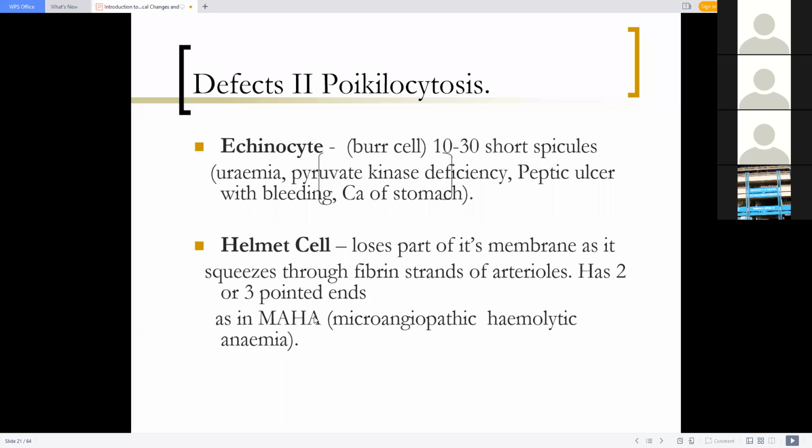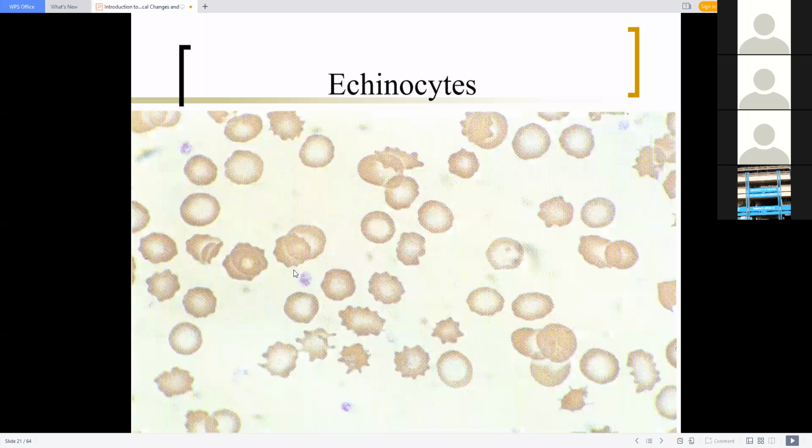And you're going to go through conditions that will give you microangiopathic hemolysis. For example, DIC, and you come across acute kidney failure, which may also give you microangiopathy, and you see helmet cells in peripheral circulation. Helmet cells usually have two sharp edges or three pointed edges, and it looks like a helmet. And I'm going to show you examples of that.